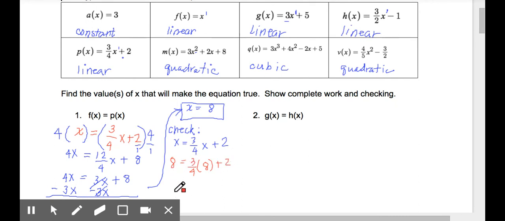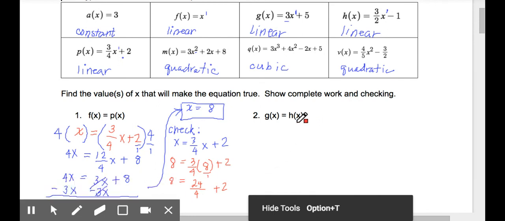So we want to show that the left side is actually equal to the right side. So we'll have here 8 equals, we can put a 1 underneath the 8 here, and that's going to give us 3 times 8 is 24. So multiply top by the top, bottom by the bottom. So 4 times 1 is 4 plus 2.